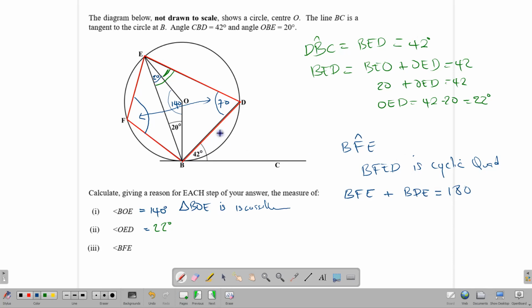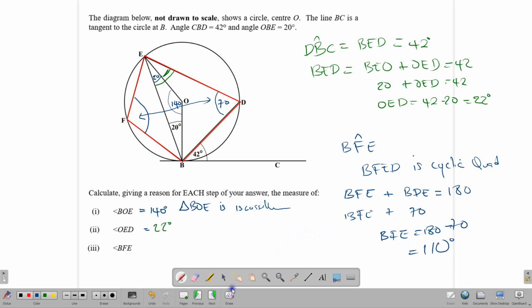And we already know BDE is 70. So we have our answer. BFE is equal to 180 minus 70, which gives us 110 degrees.